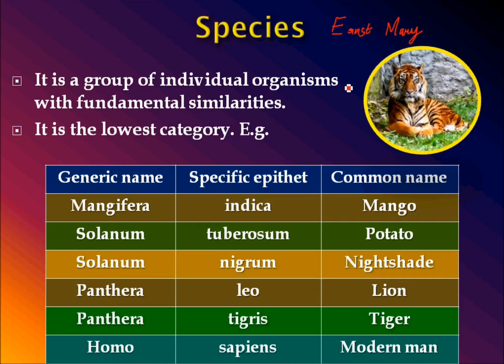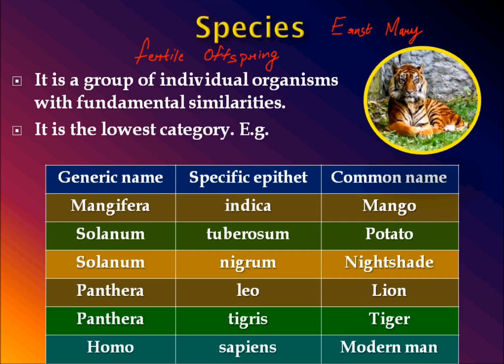This is very, very important: fertile offspring. It means that the organisms which are mating with each other should produce fertile offspring.